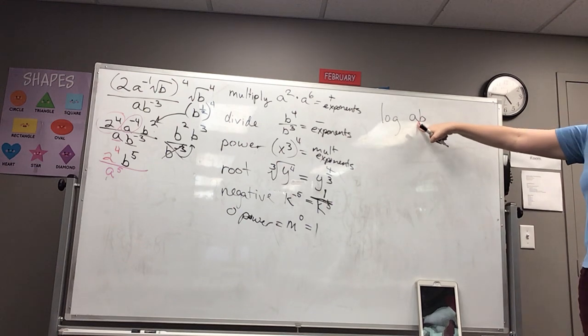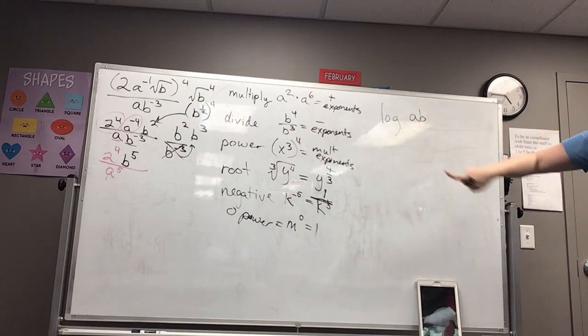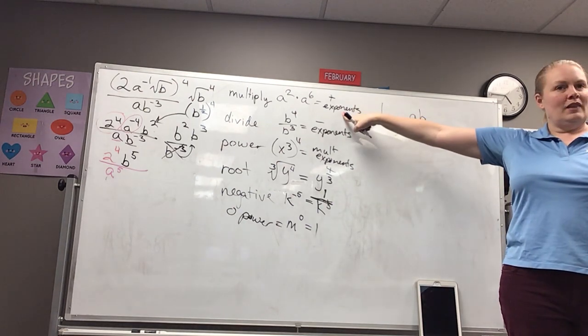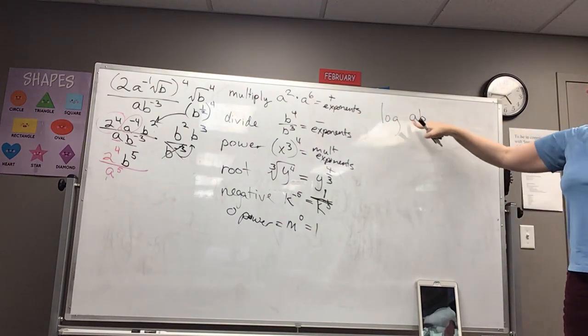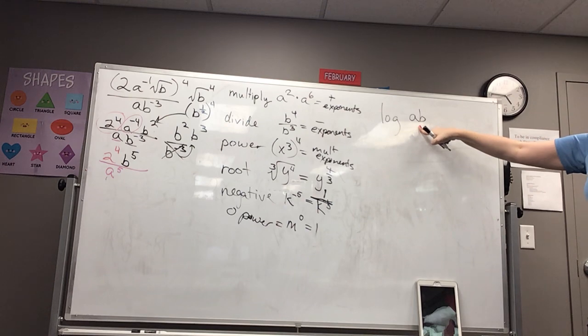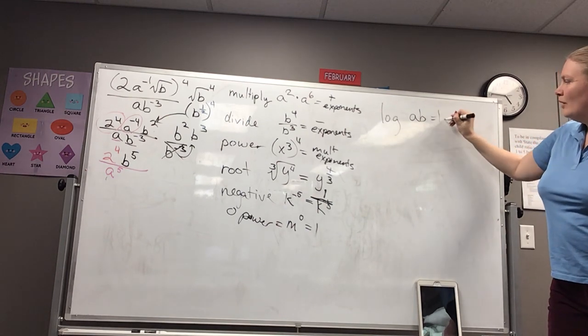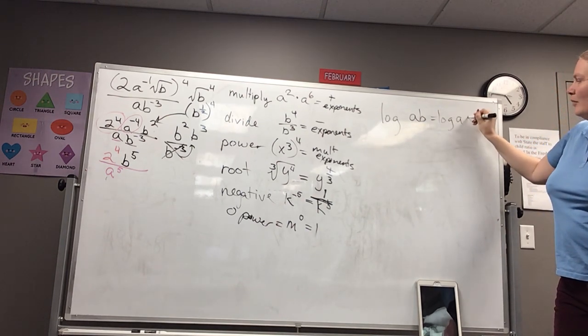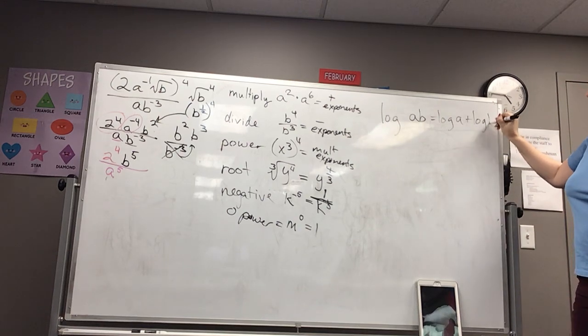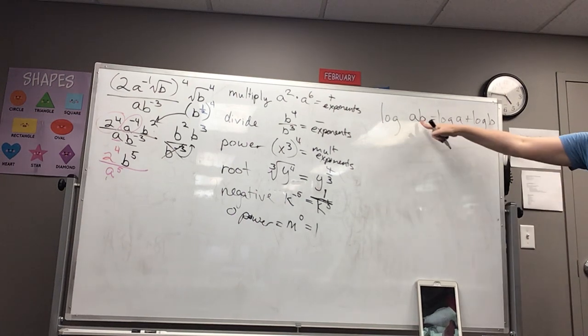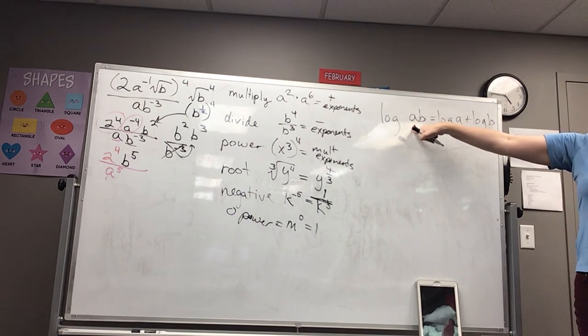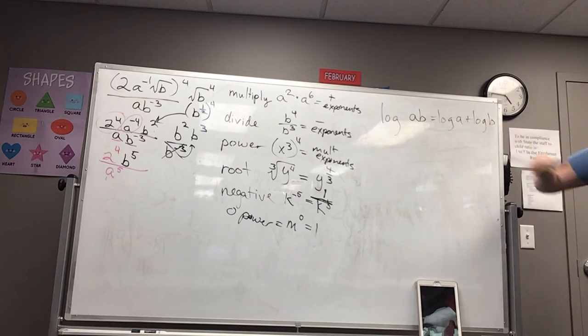So if we have multiplication, what did we say that multiplication turned into? Yeah, and so if you have the log of a times b, it's going to equal the log of a plus the log of b. Just like exponents, multiplication turned into addition, if we have the log of a product, it's going to be the sum of the two pieces.